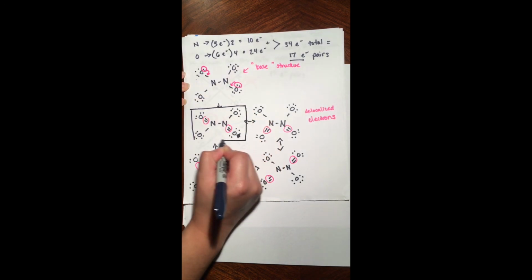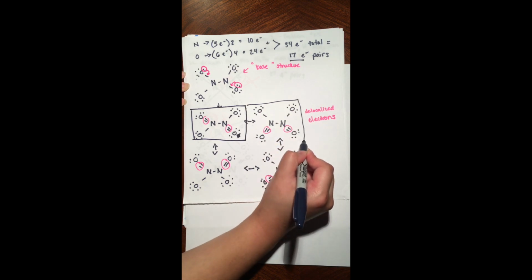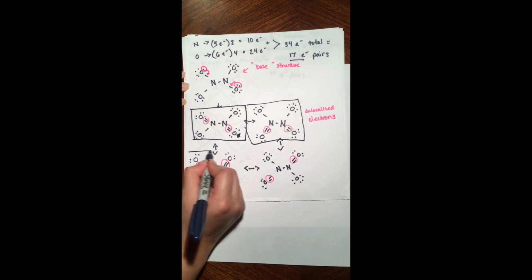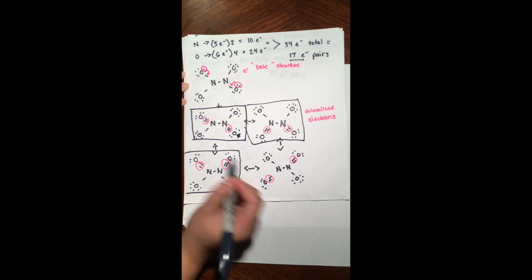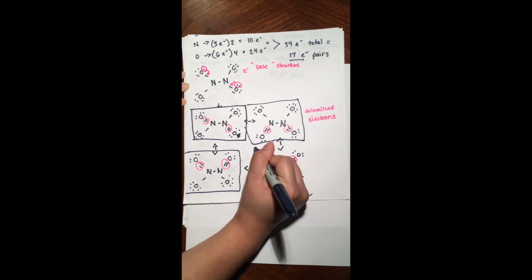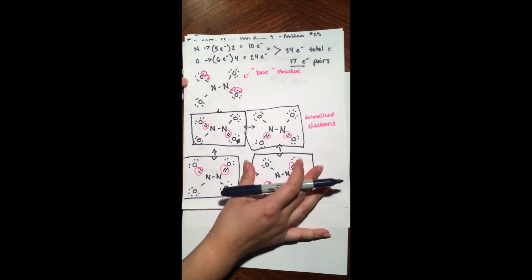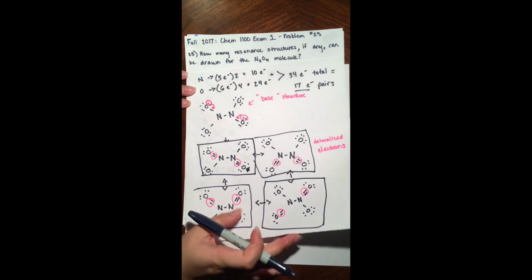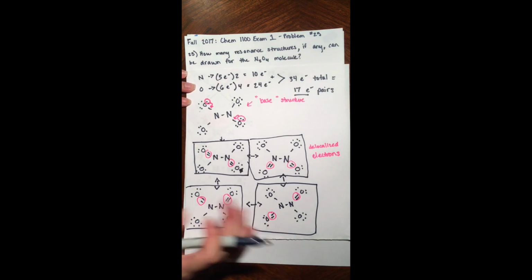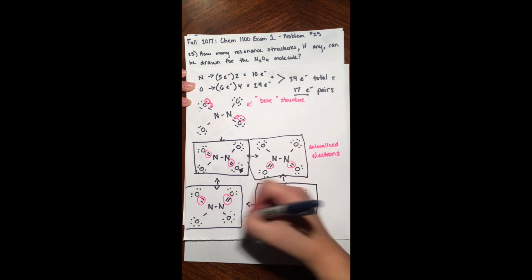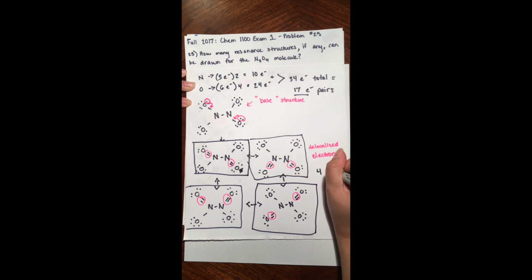One, this is one structure, two structures, three, and four structures. So again, the question asks how many resonance structures can be drawn for the N2O4 molecule. We have drawn 4 resonance structures. And that's our answer.